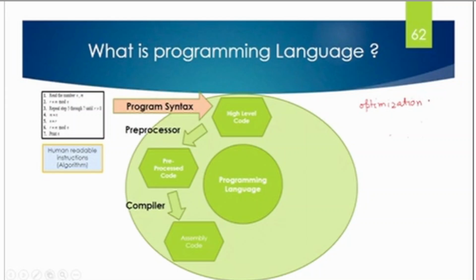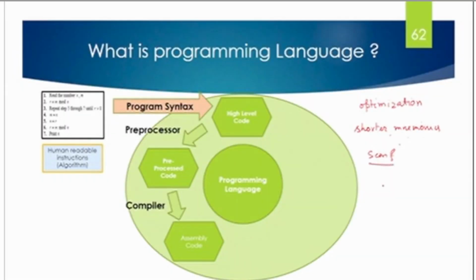This is the function which is used in high level, but when it is converted into assembly code, the mnemonic will be even shorter, like LDA, that is load the variable, or STA, store it, something like that. So this kind of shorter mnemonics will be used in assembly code, and as a result, understanding assembly code is quite difficult for a high level programmer.